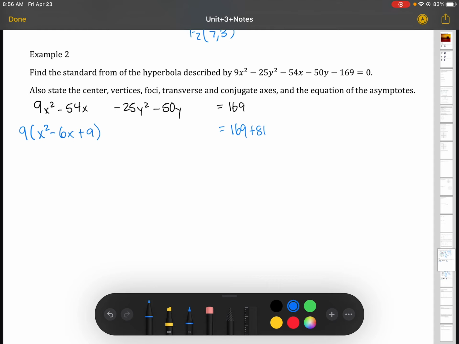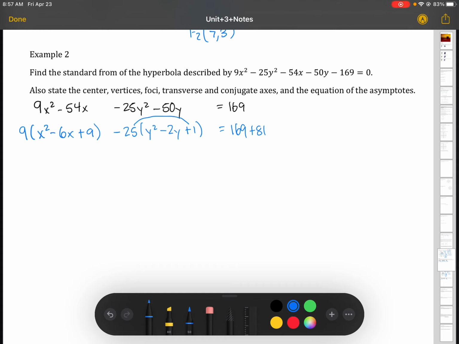That is 250. And so then we also can factor out a negative 25. So minus 25 times y squared minus 2y. So then half of negative 2 is negative 1, and negative 1 squared is positive 1. So what we've actually added is negative 25 to the left side because we have a negative 25 times that 1.